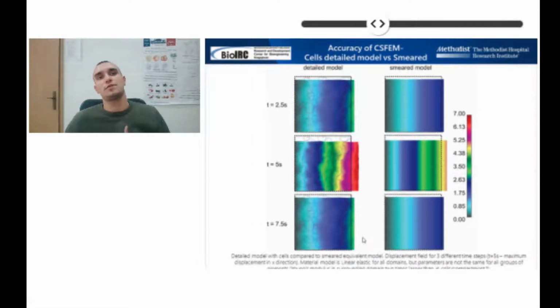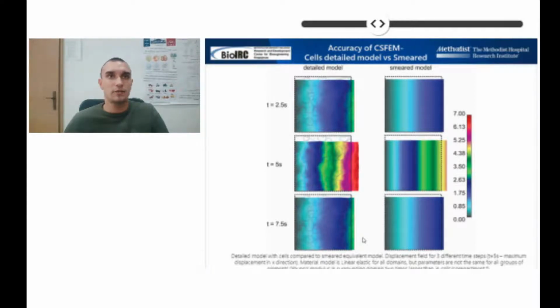Also, we here try to show results for the detailed model with cells compared to the smeared equivalent model. And here you can see the displacement field for 3 different time steps. The material model is linear elastic for all domains, but parameters are not the same for all groups of elements. Young's modulus in the surrounding domain is 2 times larger than in cells and compartments.